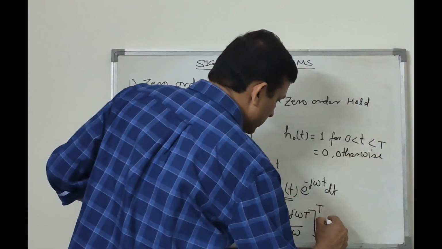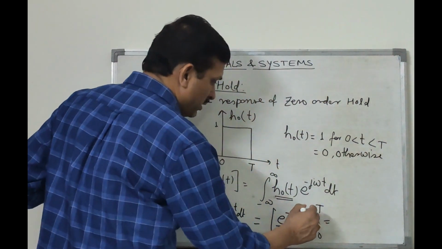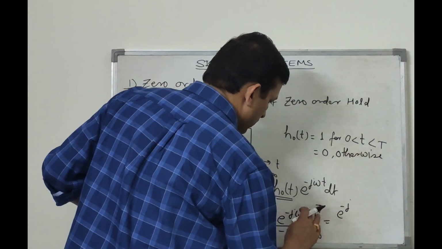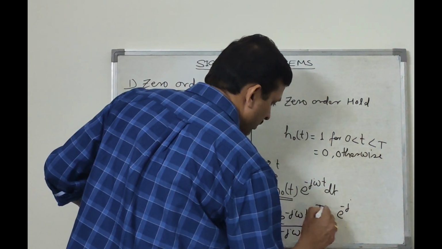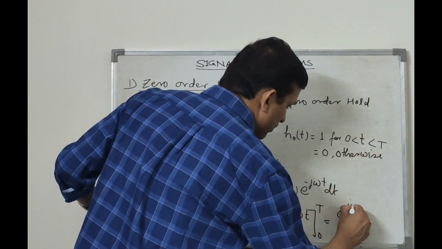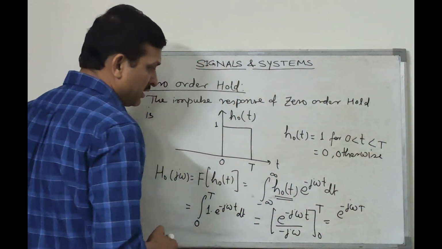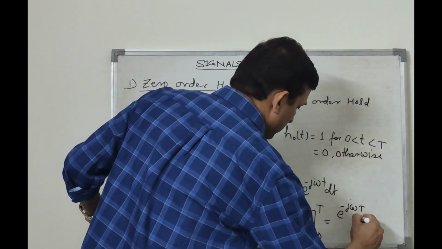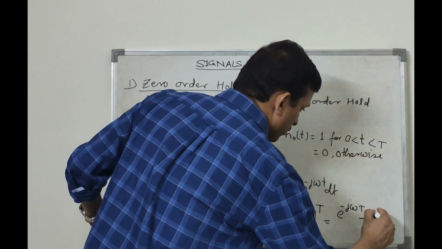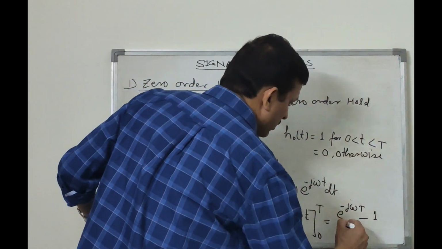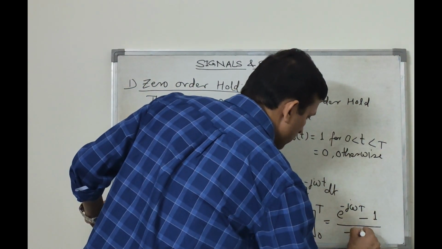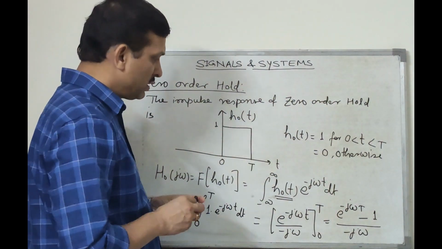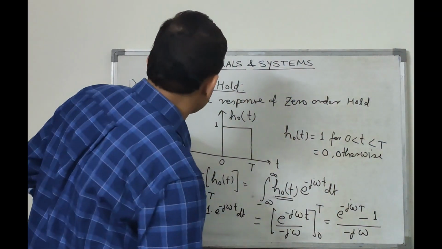That we can calculate. When we put the value T, it will be e to the power minus j omega T, and it is 1 when we put 0, and divide by minus j omega. This is the Fourier transform of zero order hold system.